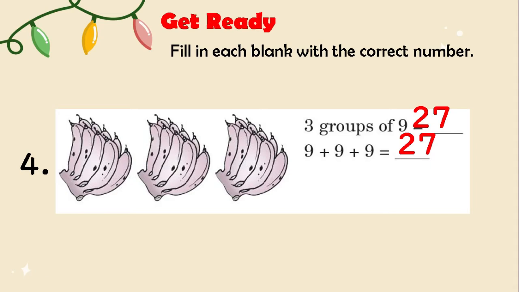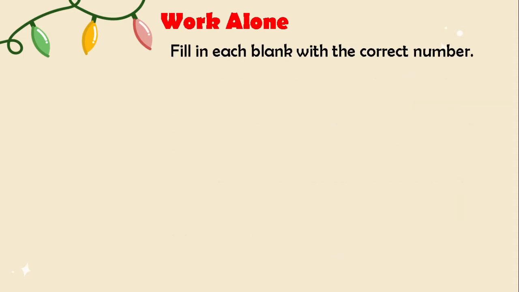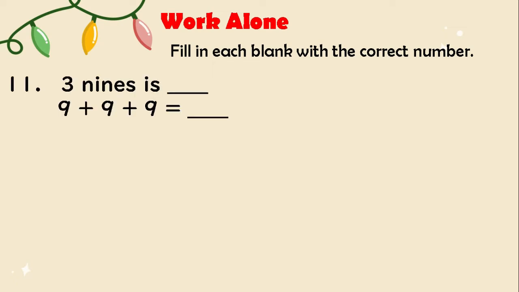Now let's continue. Let's answer Work Alone on page 240 of your book. Fill in each blank with the correct number. Okay, for number 11, 3 nines is blank. The answer is 27. So the addition sentence for this, we have 9 plus 9 plus 9 equals 27.